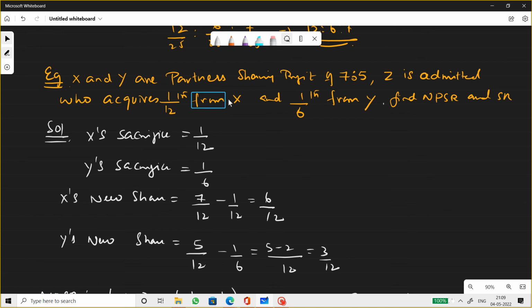Here it is 1/12 from X, whereas there it was some part of his share, like 1/3 of his share. So you need to know the difference between 'of his share' and 'from the share'. So here the sacrifice is given to us straight away. X's sacrifice is 1/12 and Y's sacrifice is 1/6.